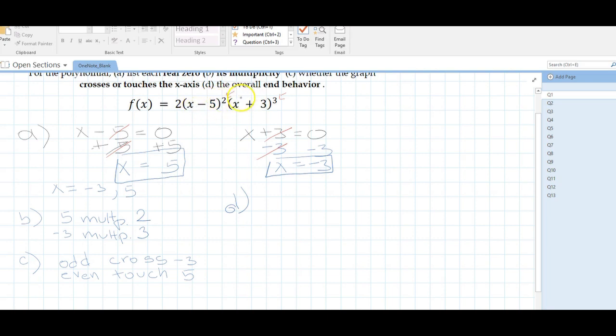So at the end, 2 plus 3 is 5. That means we have an odd degree. With a positive leading coefficient and an odd degree, it is going to be up and down.